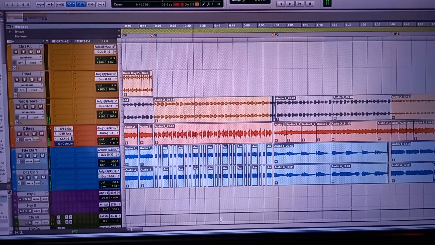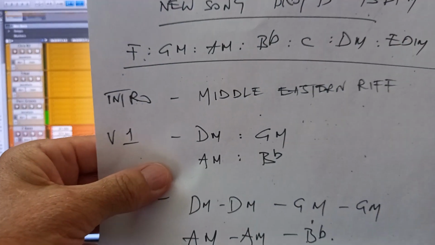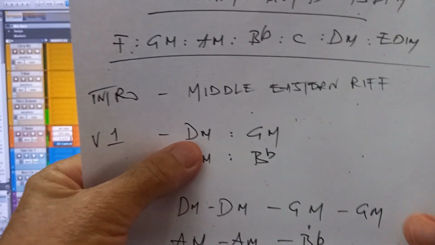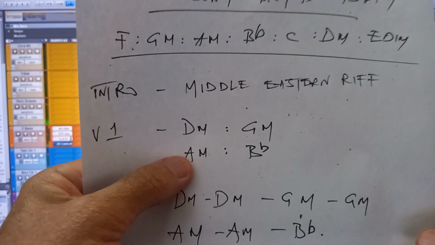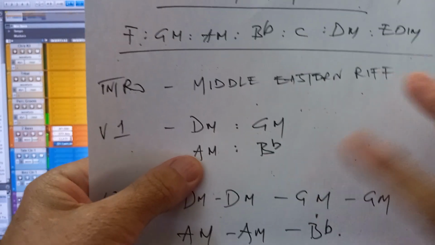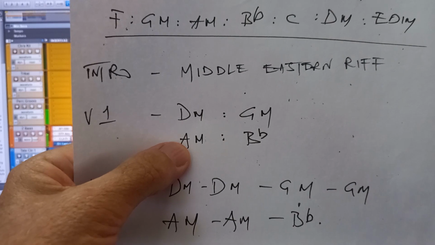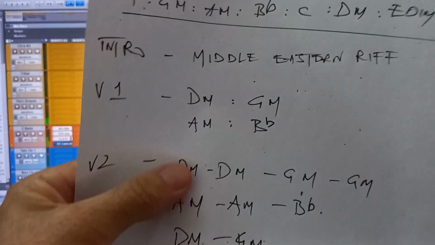G minor, D minor, G minor, then we go up to A minor, B minor, 2 measures, then back to D minor, G minor.